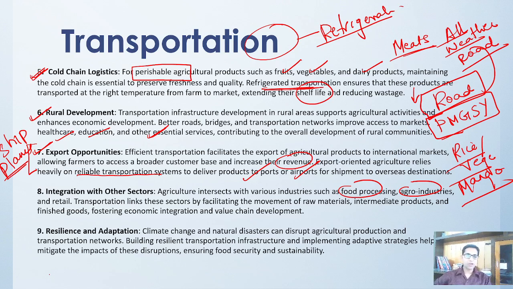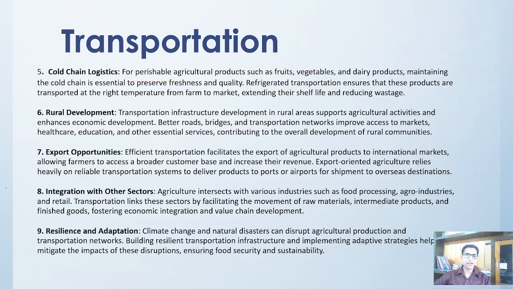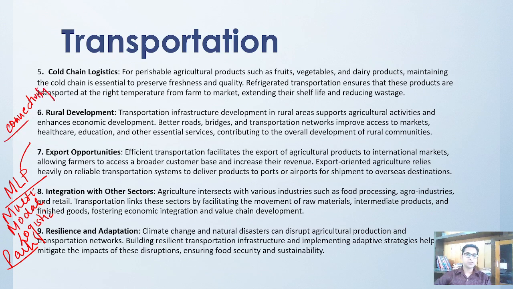You know, the government is right now making multimodal logistic parks. What is it? Multimodal logistic park. The main purpose is to improve the connectivity, right? So connect through various means of transport.